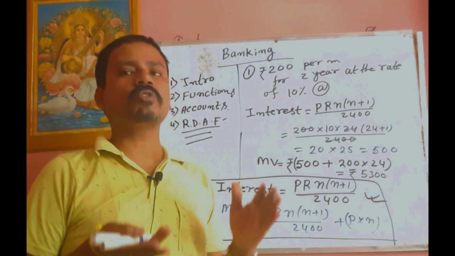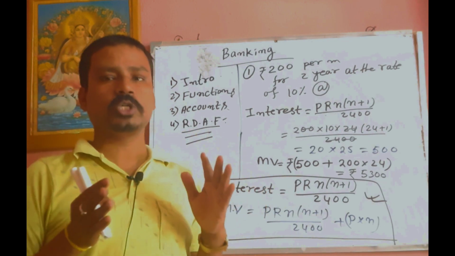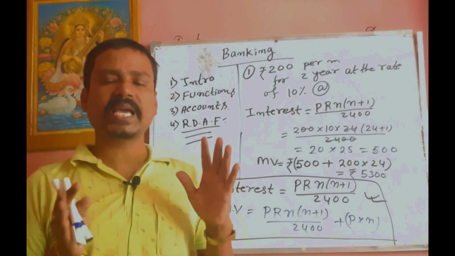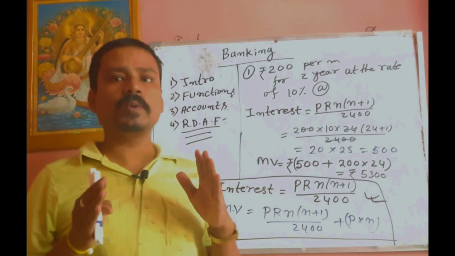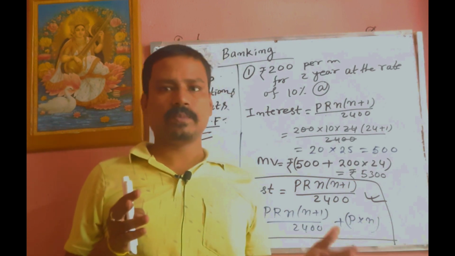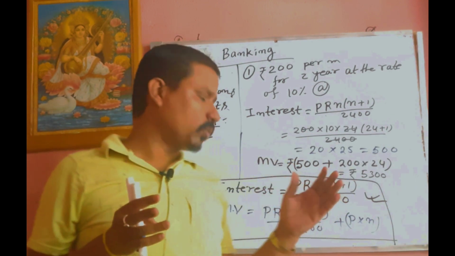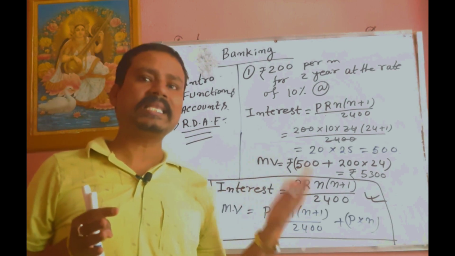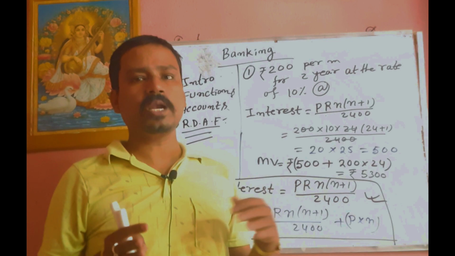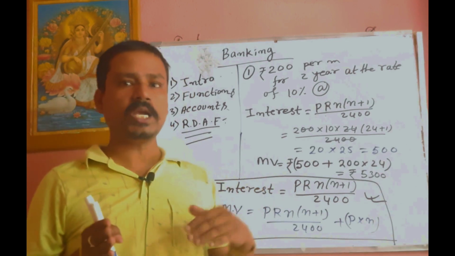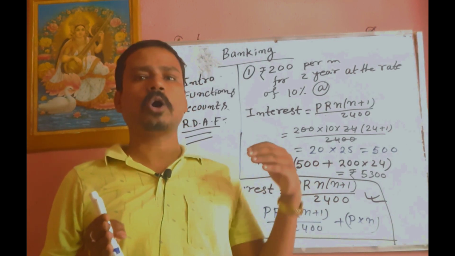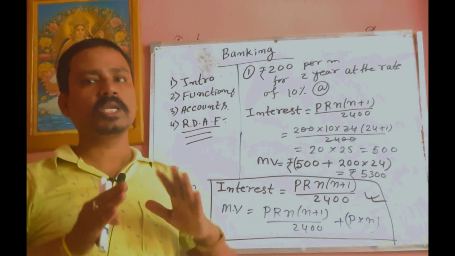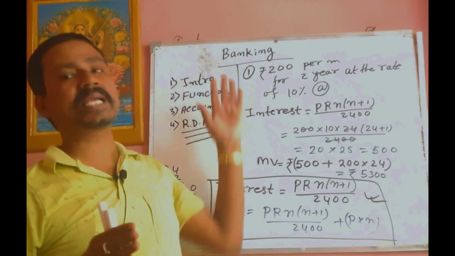So this completes the first example of the recurring deposit account formula. Many more types of examples using this formula will be provided in your board exam as well as competitive exams. We can use these two formulas to find the maturity value and the interest earned by a man or institution that deposited some money in financial institutions or banking institutions. So these two are important formulas to be remembered for this banking chapter.